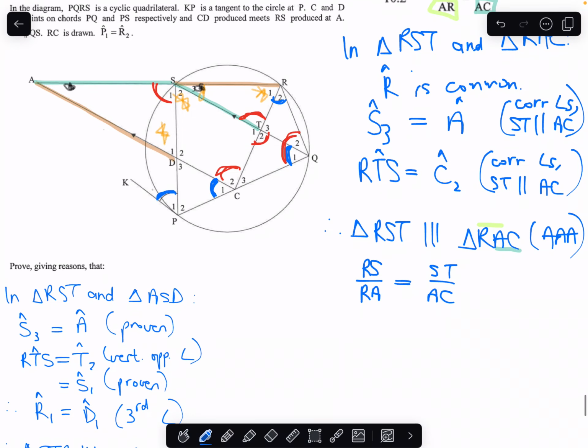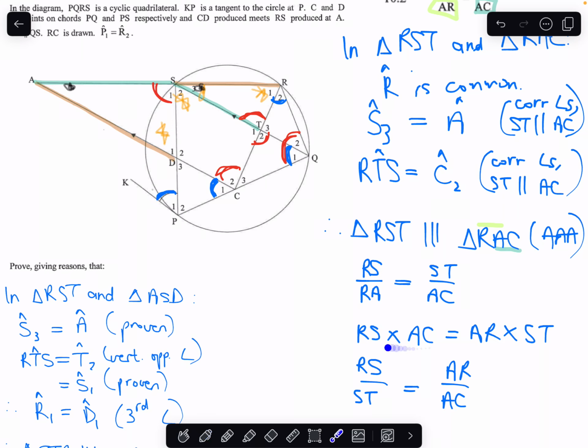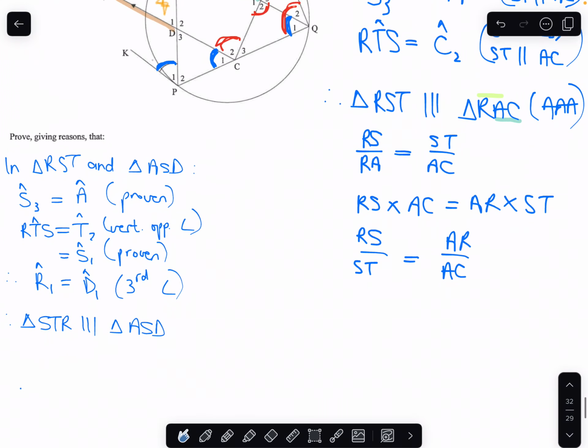So I'm just going to go ahead and cross multiply. I'm just going to rewrite that as AR. So then we have RS over ST is equal to AR over AC. Right, divide both sides by ST and then divide both sides by AC. Yeah, okay, so we've got that from the first one.